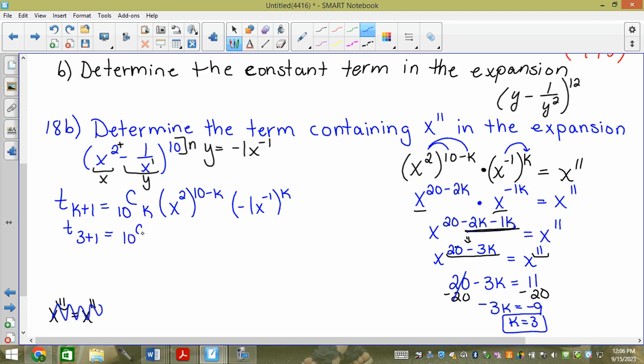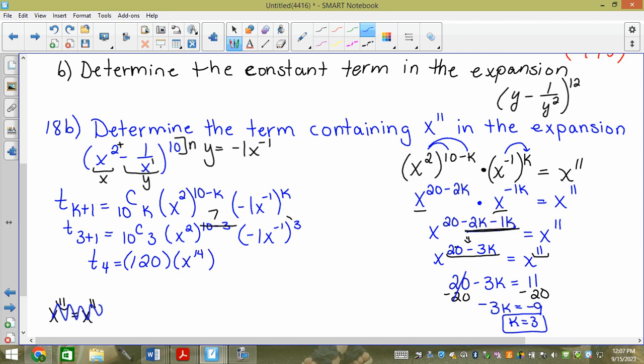So I'm going to get 10c3 x squared to the 10 minus 3, negative 1 x to the negative 1 to the 3. And then I have to remember to do my distribution. So T4 equals 120 times x to the 14.